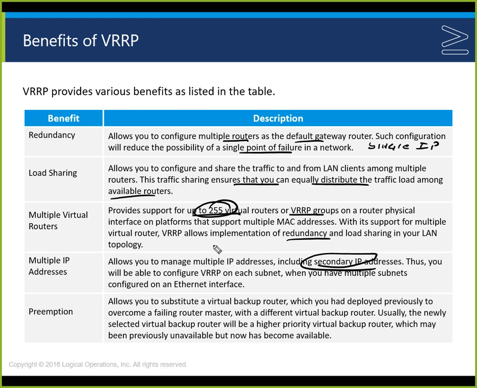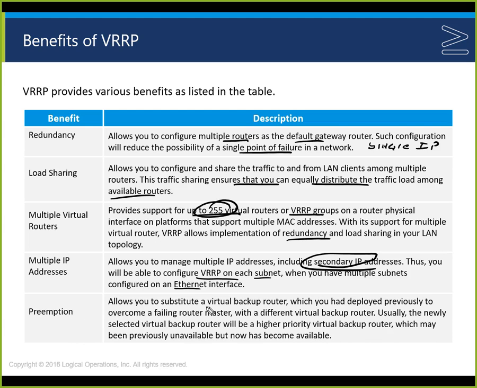They're secondary addresses on an interface, so we can have more than one address on an interface in a router. We'll be able to configure VRRP on each subnet when we have multiple subnets on an Ethernet interface. So we can use it on VLANs, in order to have redundancy and also to share the loading.